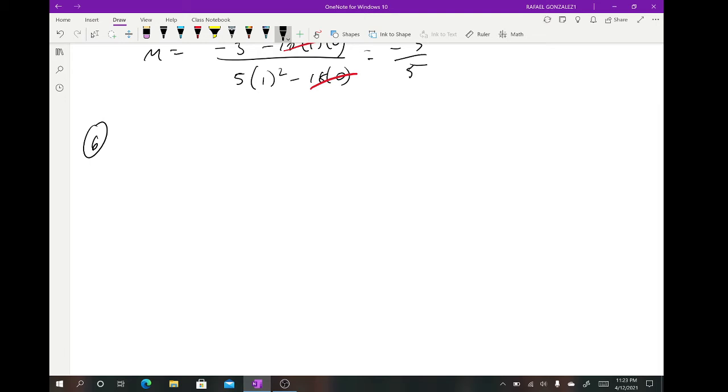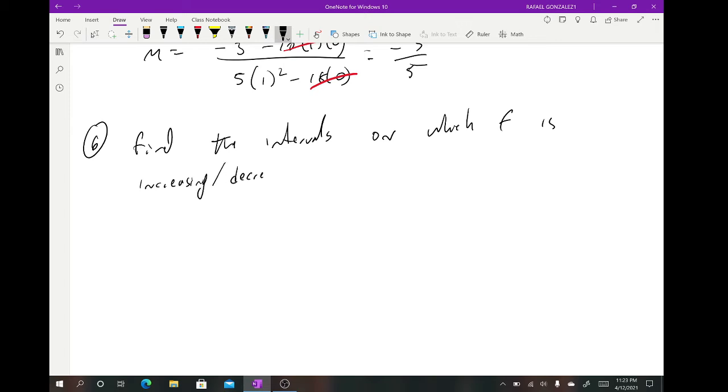All right, let's do another one. Let's find the intervals on which the function f is increasing and decreasing. Okay, if you remember from last time, we had a couple of tests that we spoke about, but the main one that I need you to really know is the first derivative test.